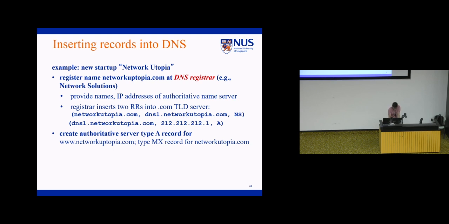The first one is an NS type resource record. This is your host, and this is your authoritative name server name. Because this is pointing to an authoritative name server, this is an NS type resource record.